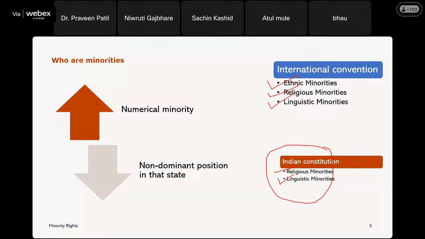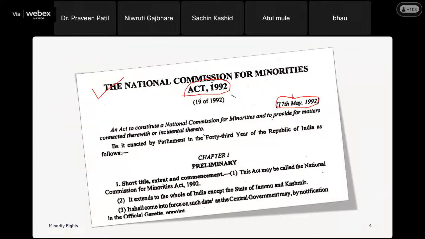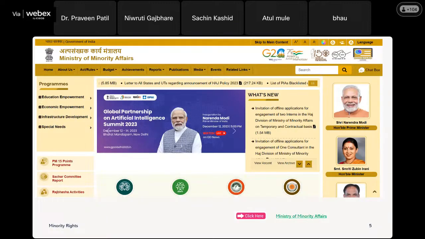Coming to the Indian jurisprudence, as I said, since the Indian Constitution speaks in detail about the minority rights, which was supplemented by this National Commission for Minorities Act, a separate ministry has been established under the government of India, what is known as the Ministry of Minorities Affairs, which takes care of minority rights at the national level.